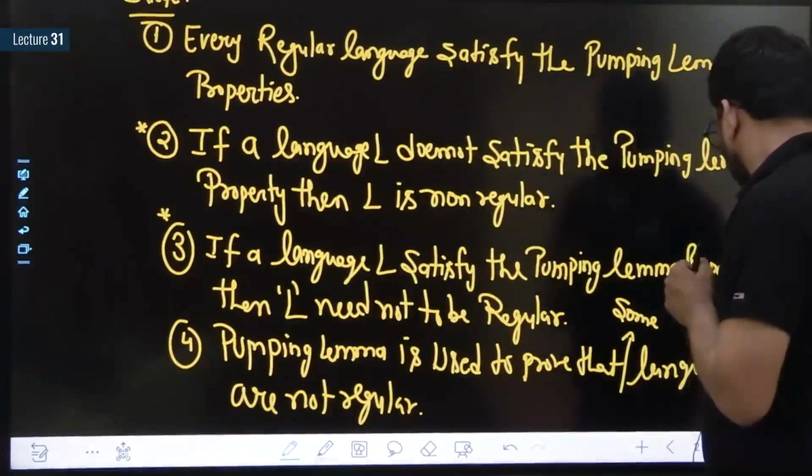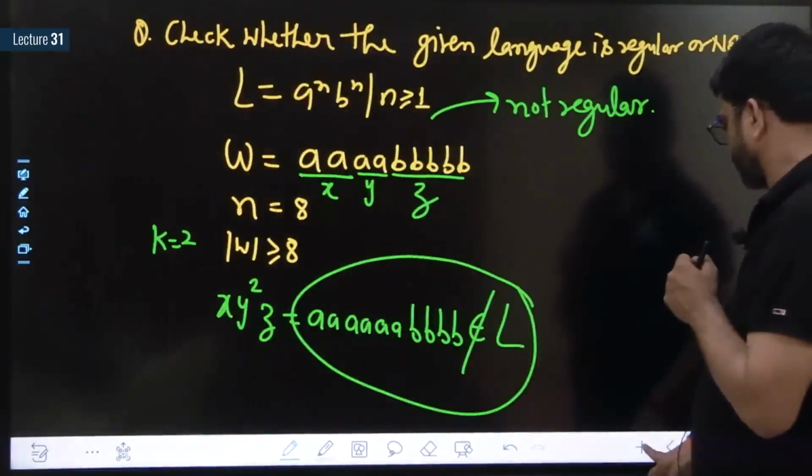We'll check whether the given languages are regular or not.